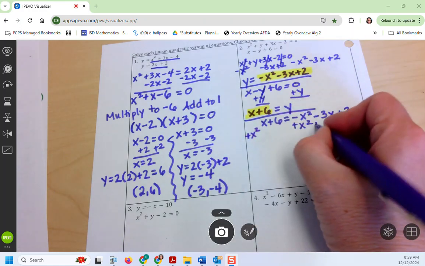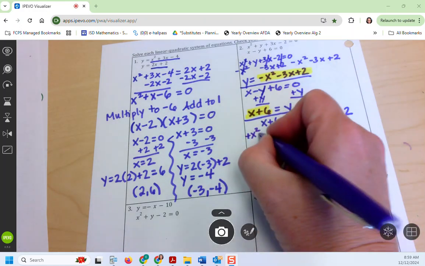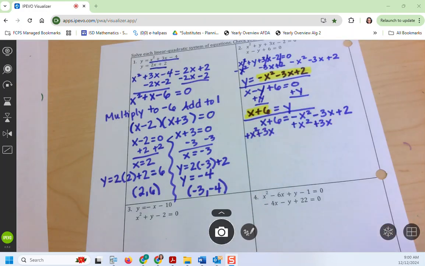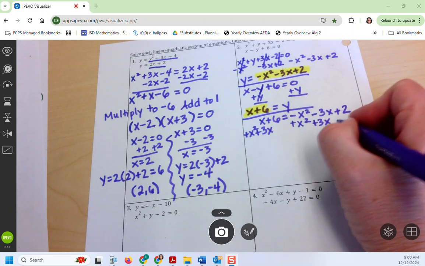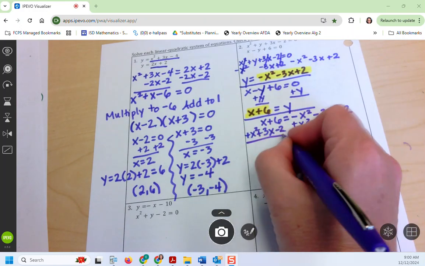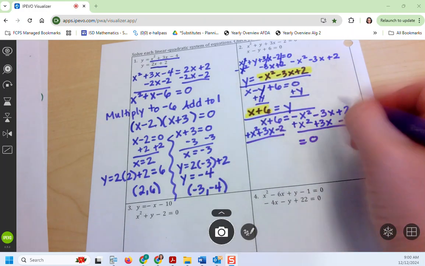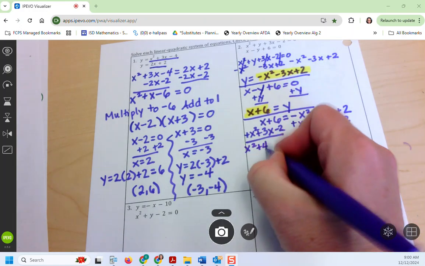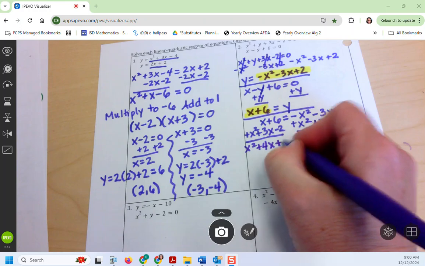I'm going to add the 3x, and I'll add it to its like term x. And then I'm going to subtract the 2. And that's going to make my right side equal 0. And then my left side is going to be x squared plus 4x plus 4.